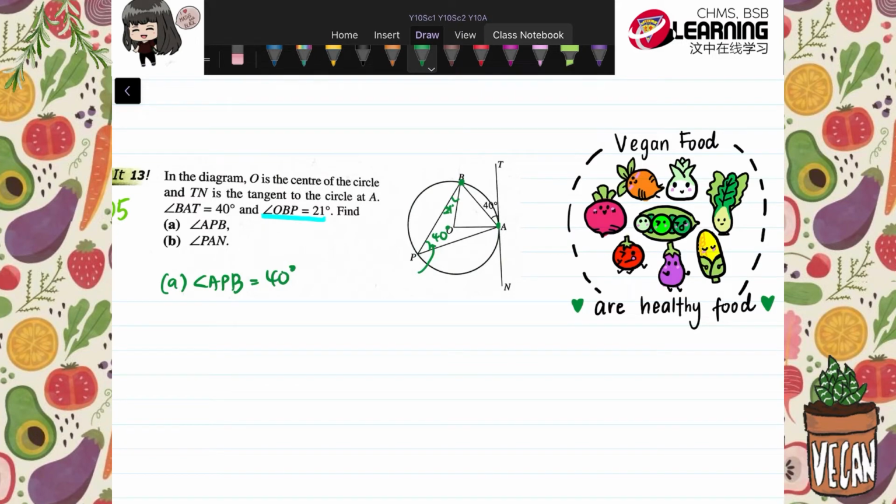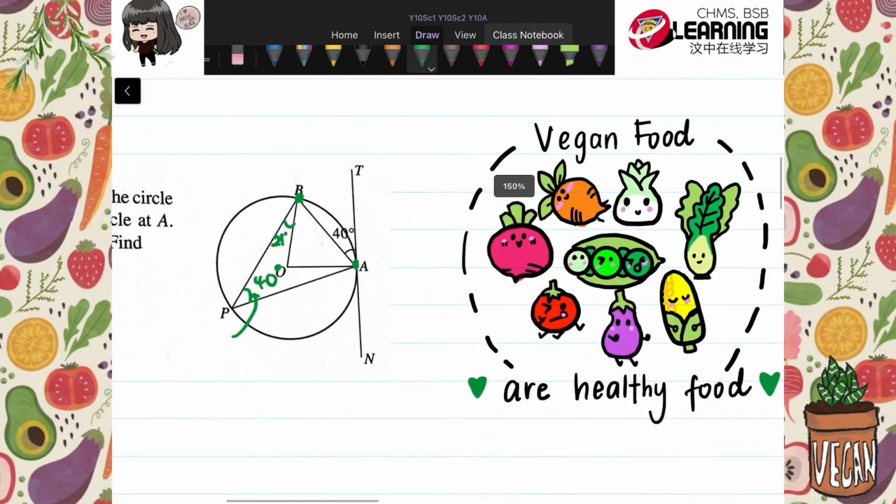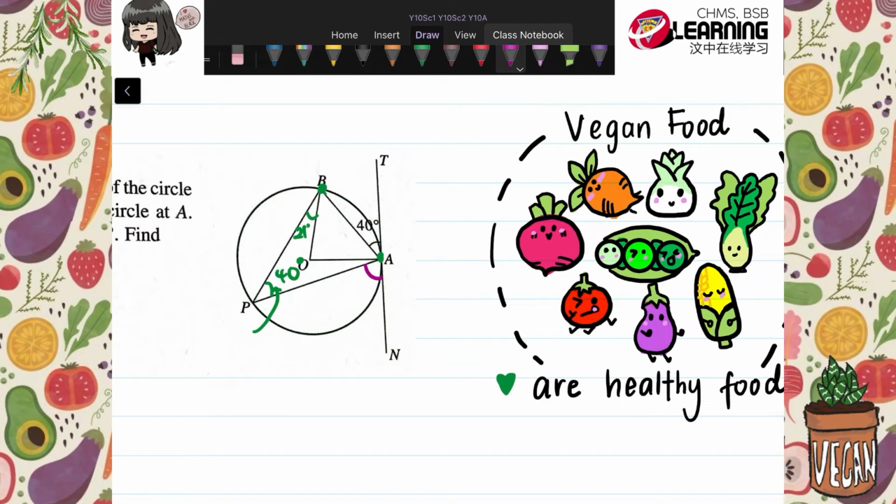So what is next? PAN is here. Can you see another alternate segment which is the same as the angle here? This angle is between tangent and chord also, right? So this angle over here is actually equal to the angle over here, where this is the chord.